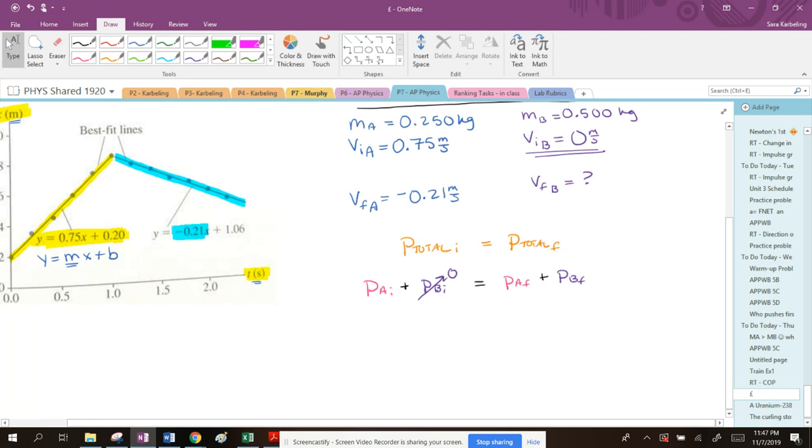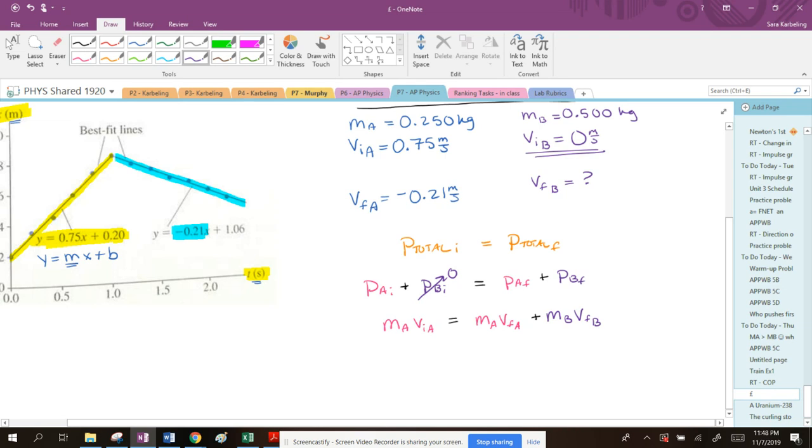And then we just need to plug some stuff in. We're going to do the mass of A times the initial velocity of A equal to the mass of A times the final velocity of A plus the mass of B times the final velocity of B. This is kind of a lot of stuff, but really there's not a lot to it.